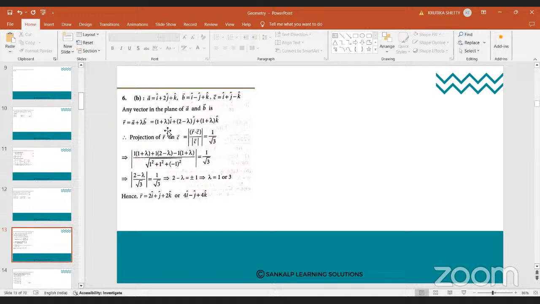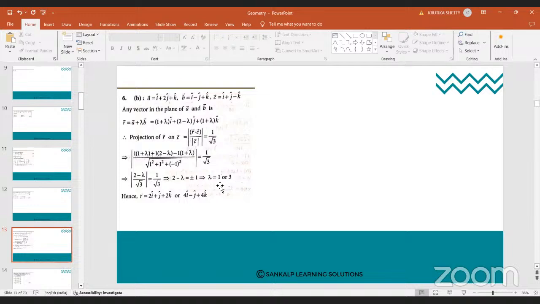Next, take the dot product with c. So 1 plus lambda into 1, 2 minus lambda into 1, and 1 plus lambda into minus 1, divided by root of 1 square plus 1 square plus minus 1 square. On simplifying this, we get mod of 2 minus lambda upon root 3 is equal to 1 upon root 3. Root 3 will cancel. So 2 minus lambda will be equal to plus or minus 1, so lambda will be 1 or 3.